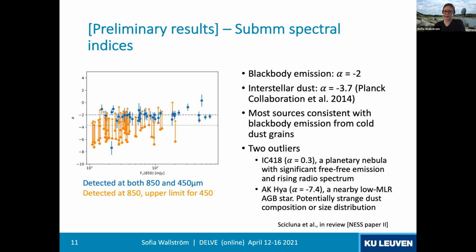There are two significant outliers, one at a small value for alpha, or a positive value for alpha. This is IC 418, which is a planetary nebula with significant free-free emission, which explains why it's doing this. And the stranger one down here at -7.4 is AK Hydra, which by all accounts seems to be just a normal nearby low mass loss rate AGB star.